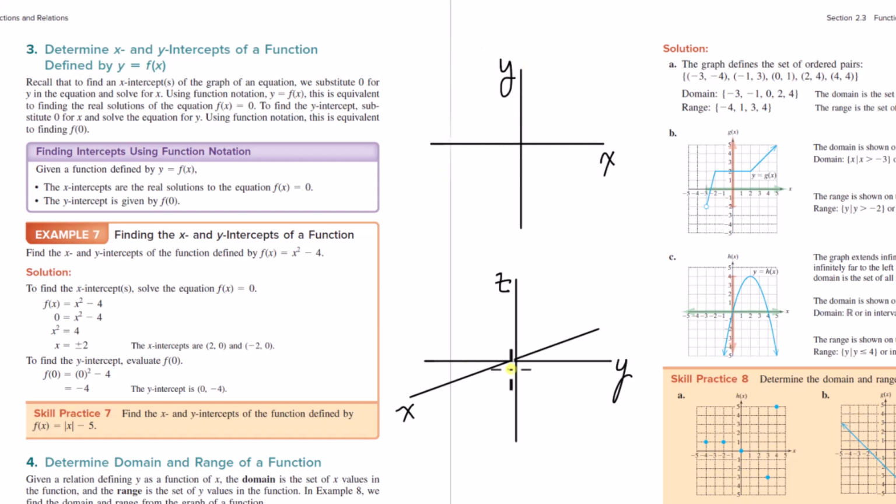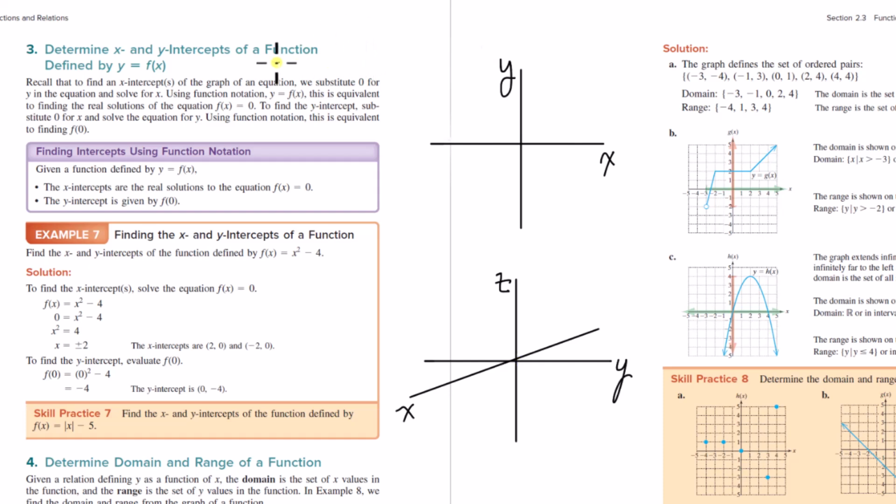It's the same idea here. If we're intercepting the y-axis anywhere, then both x and z have to be equal to 0. And you can extend this to an equation with any number of variables. If you want to find where the graph of that equation intercepts any one of those axes, just set all the other variables equal to 0 and solve for that variable.